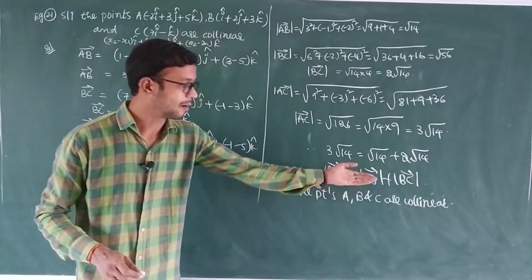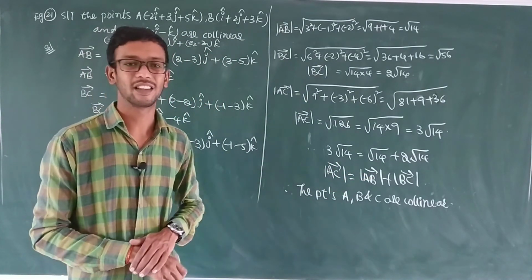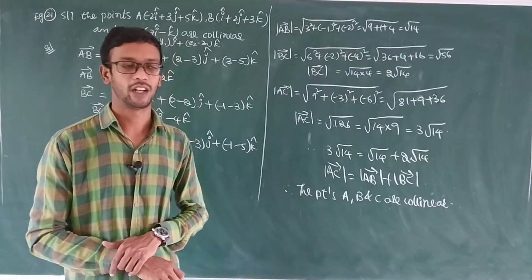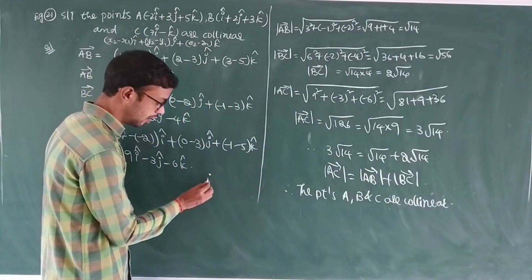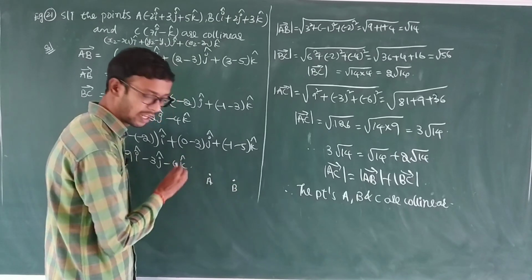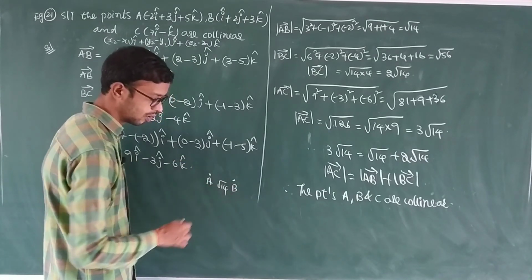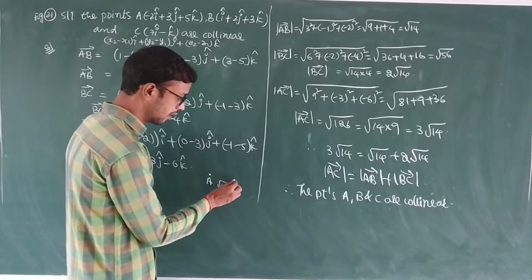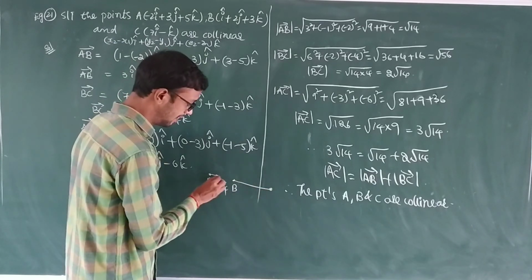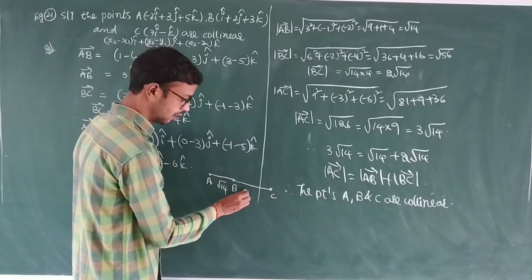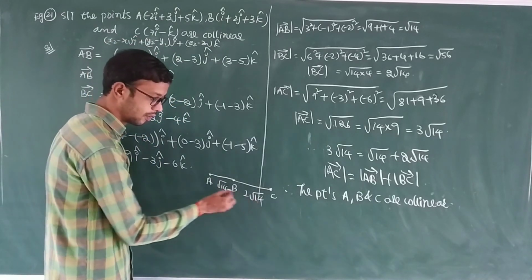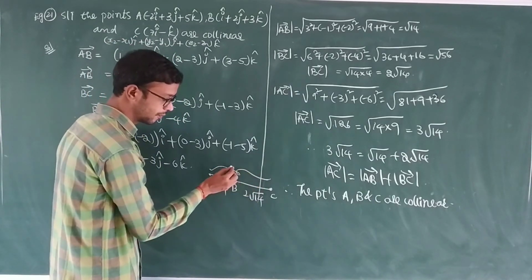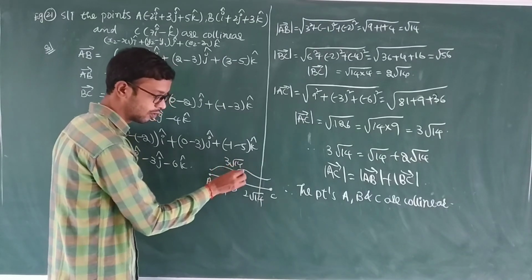Sir, if the sum of two lengths is equal to another length, how are we telling it is collinear? You can observe here, AB is root 14, BC is 2 root 14, and this total length is 3 root 14.